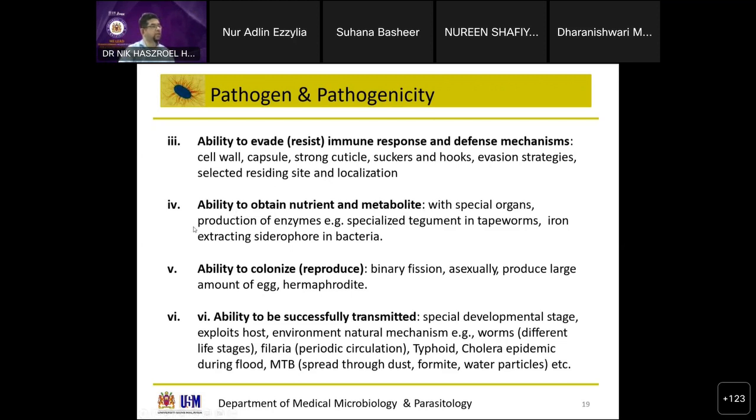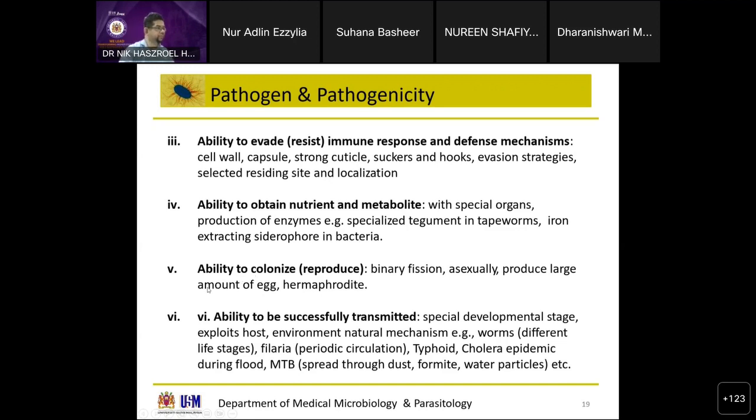And there is also the ability to obtain nutrients and metabolites with special organs and production of enzymes. Tapeworms have a specialized tegument to attach and obtain nutrients. Certain bacteria have iron-extracting siderophores to obtain iron from the host.